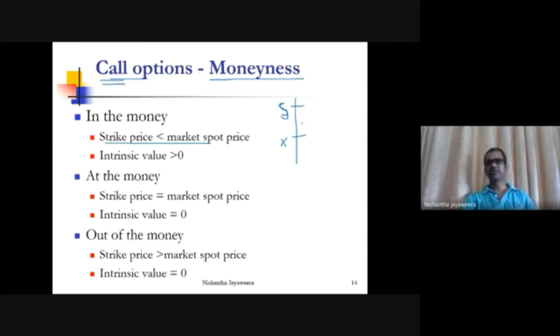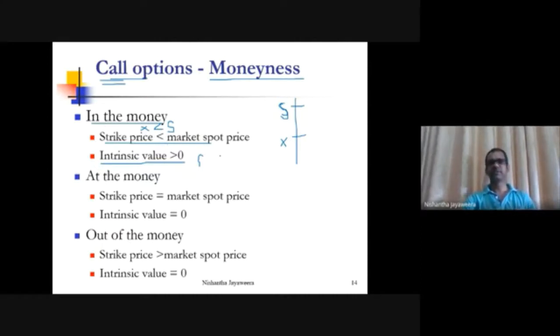This is the case we call in the money, where you have a positive intrinsic value. That means the strike price is less than the spot price. For a call option, when the strike price is less than the spot price, the option buyer will exercise the right, and that option has a positive intrinsic value.